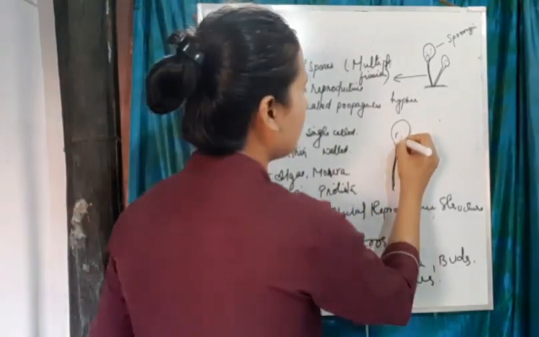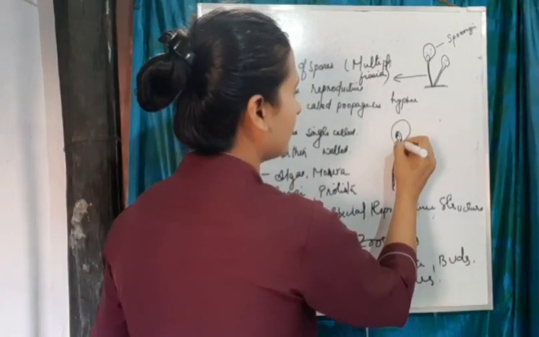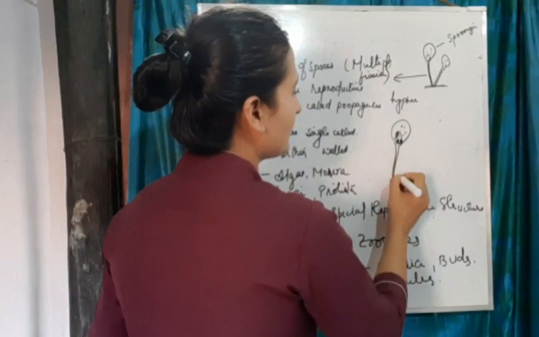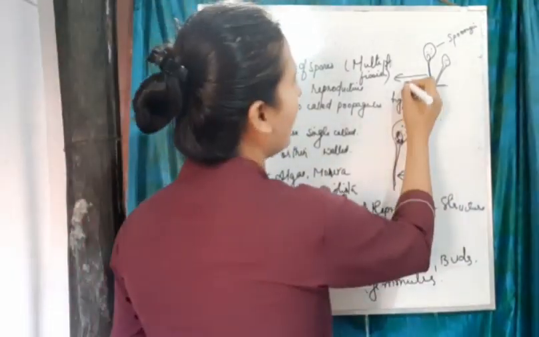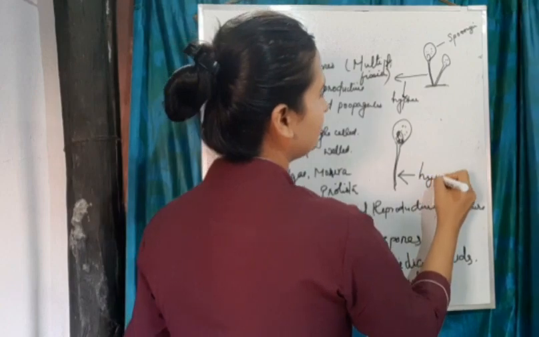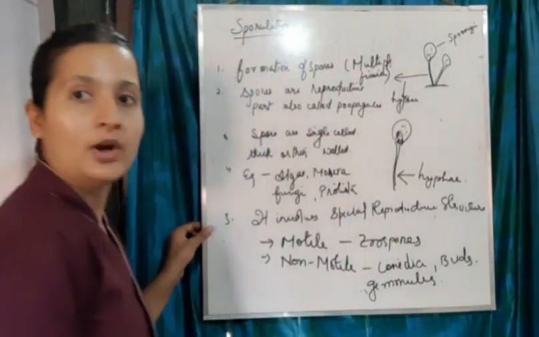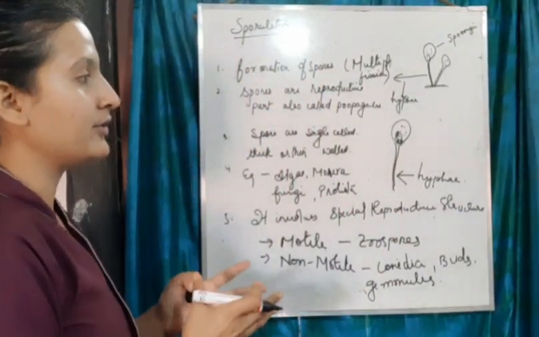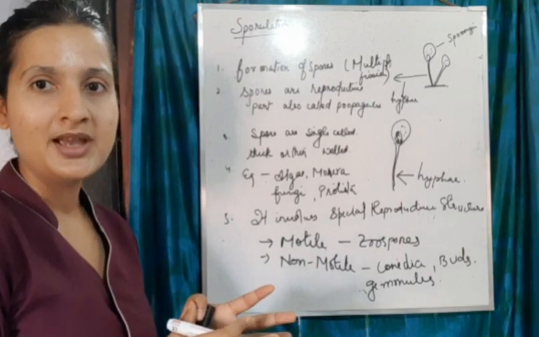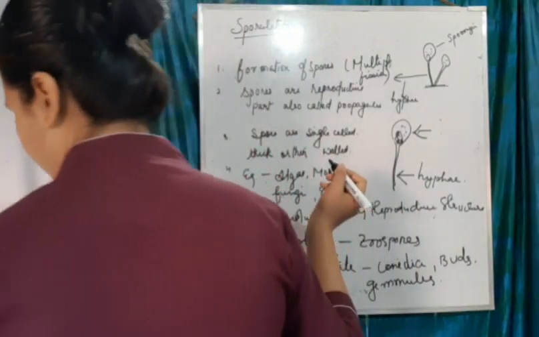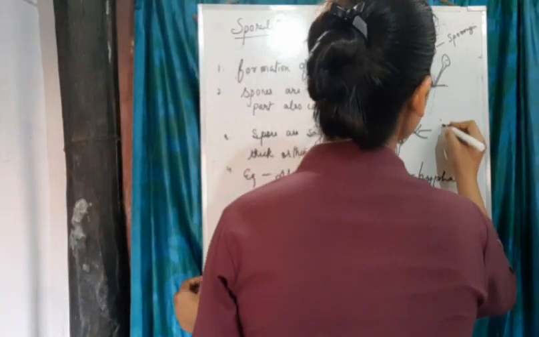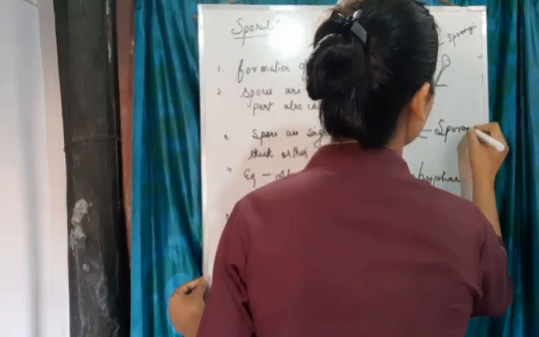Now what is this structure called? The stem-like structure is called your hyphae, and these hyphae together form mycelium. Am I clear? And this bulb-like structure is called your sporangia.